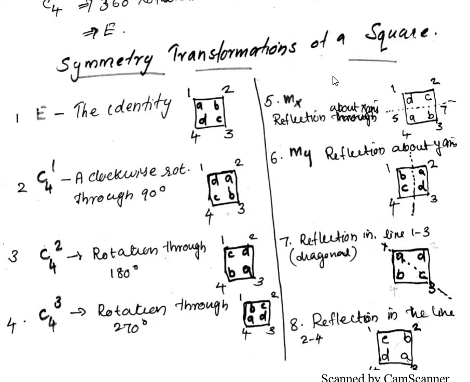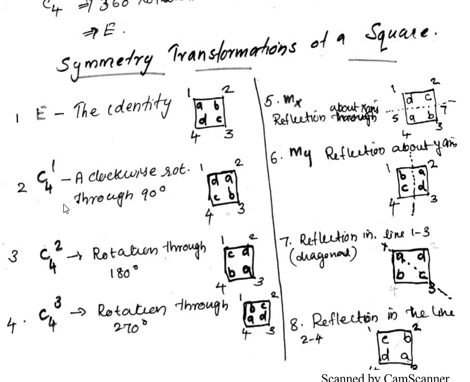So these 4 reflections along with the 4 rotations, a square has a reflection group also. So all these are the elements of the symmetric transformation group of a square.